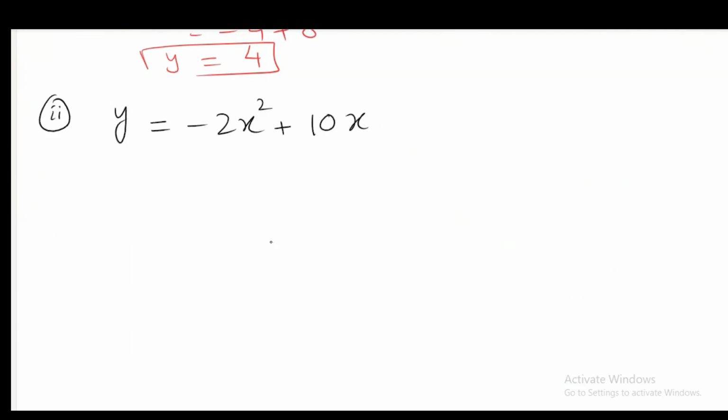It is a maximum value function because the coefficient of x squared is negative. So this type of curve will be drawn for y equals minus 2x squared.